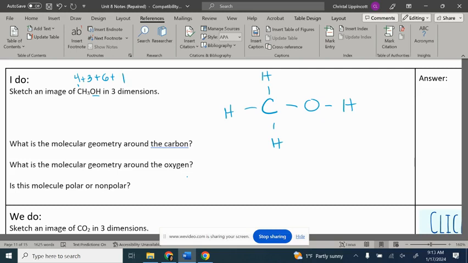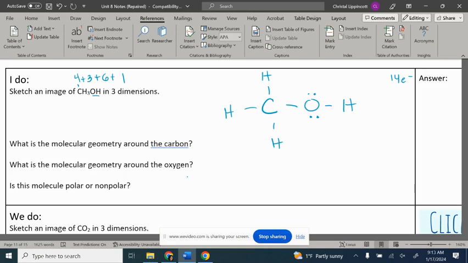So that is 14, right? Am I doing my math right? Yes. So 14 electrons I've got to spread out here. 2, 4, 6, 8, 10, 12, 14.